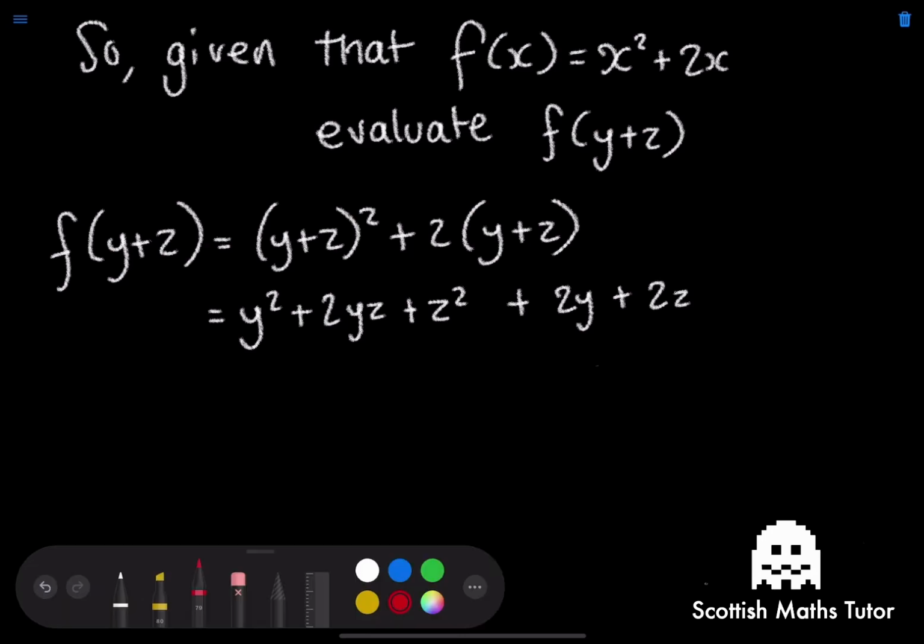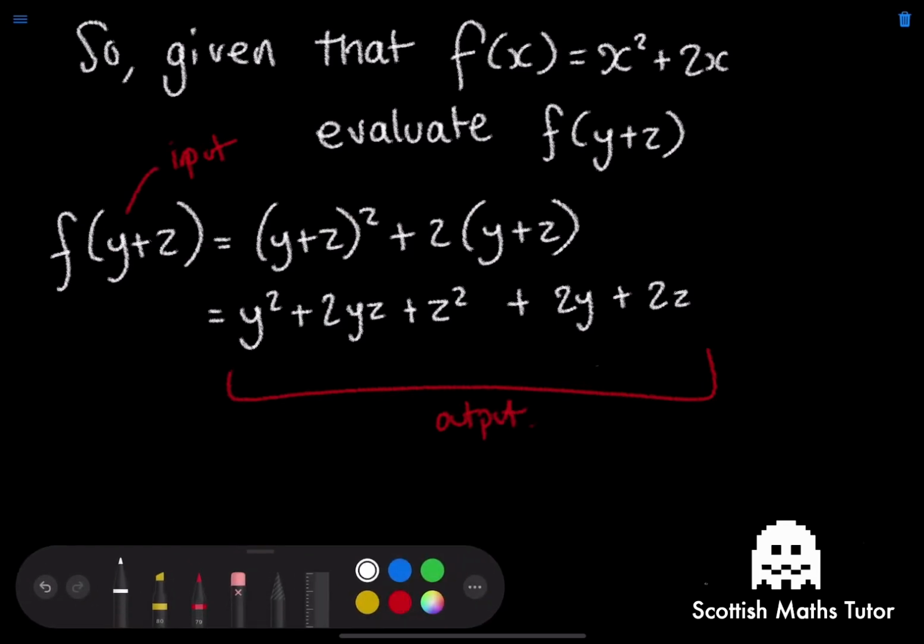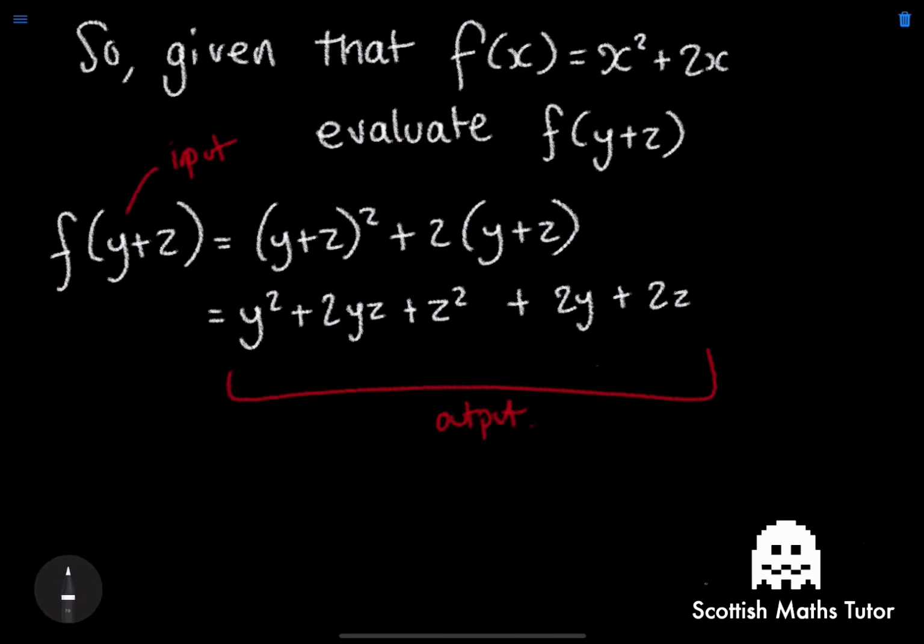So the input of y plus z gives us the output of y squared plus 2yz plus z squared plus 2y plus 2z. Sometimes the answers can be fairly complex, but the actual process of replacing the variable with a new input and calculating the output is fairly straightforward.